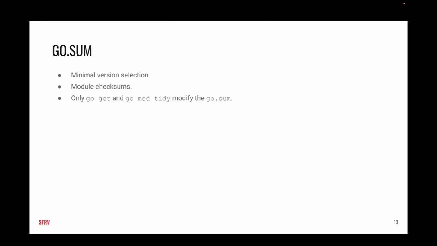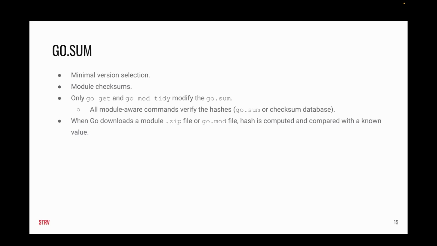Same as with go.mod, go.sum is modified by only 2 commands. Whenever other Go module commands are called, go.sum is verified, and if the checksum doesn't match the module that is being used, the command fails. So how do we get these checksums? Whenever you download a dependency, it downloads a zip file containing the source code and the go.mod file.